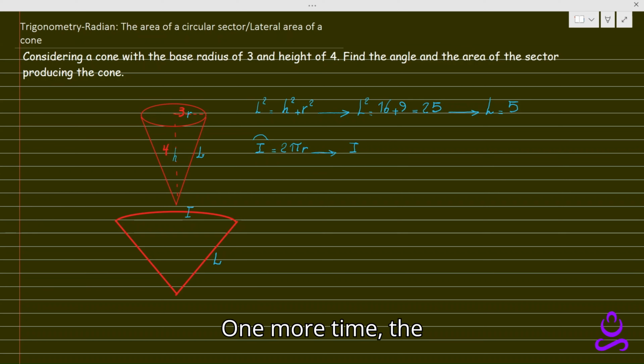One more time, the circumference of the cone's base is equal to the arc length of the sector it was made from.